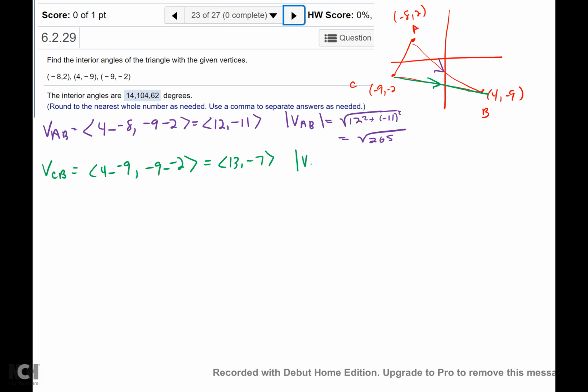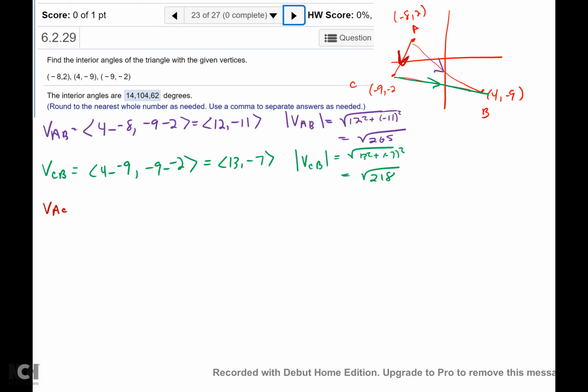The magnitude of vector CB is going to be the square root of 13 squared plus negative 7 squared, which is the square root of 218. And now this is where I screwed up. Instead of doing vector CA, I need to do vector AC because it needs to be going in this direction.